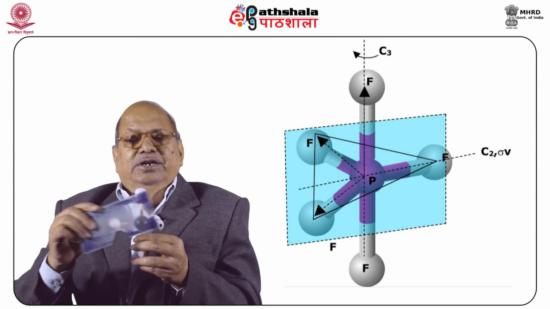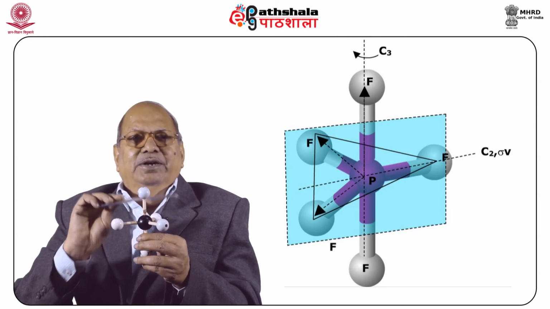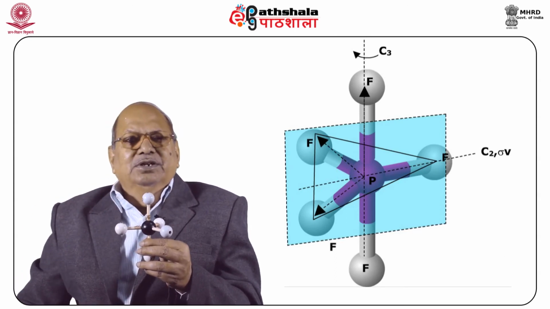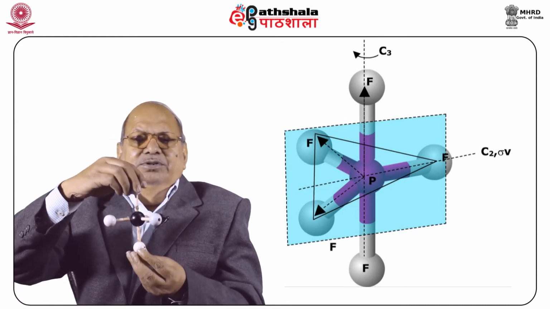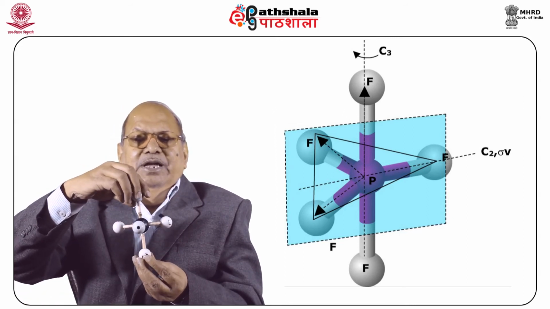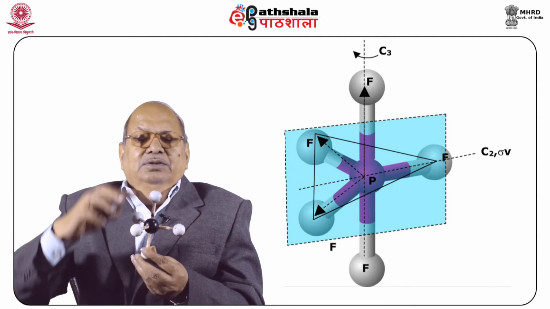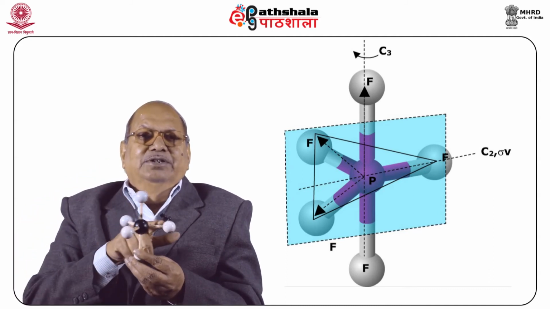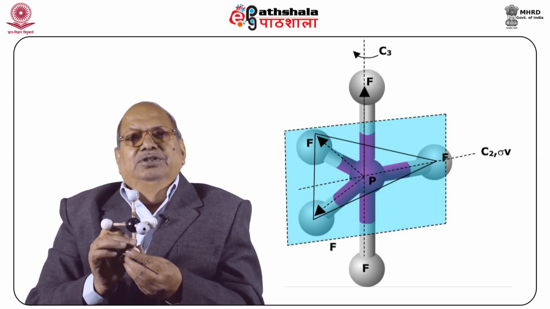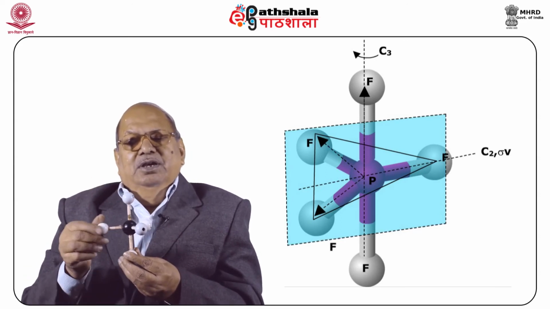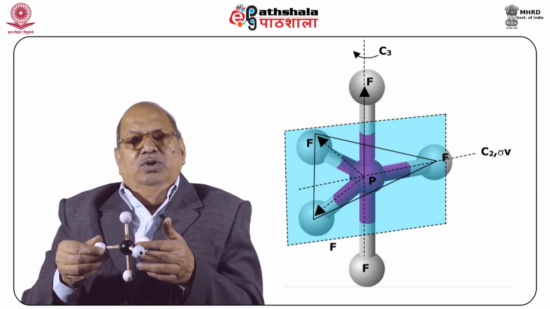All these 3 atoms lie in this plane. And now I will just see the effect of this. If I carry out this C3 rotation like this, these bond vectors are shifted and changed. These and these remain at the same place. Now what happens if I carry out C2 operation like this?